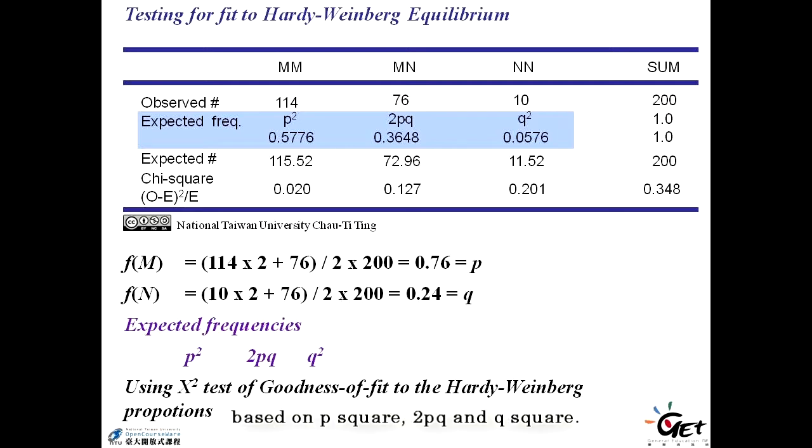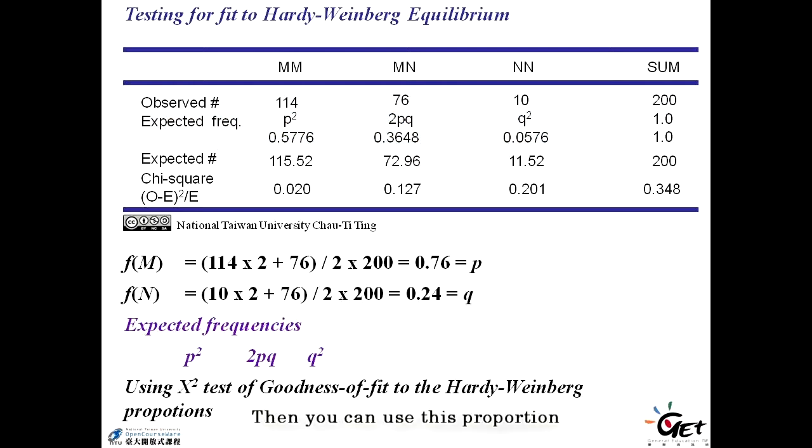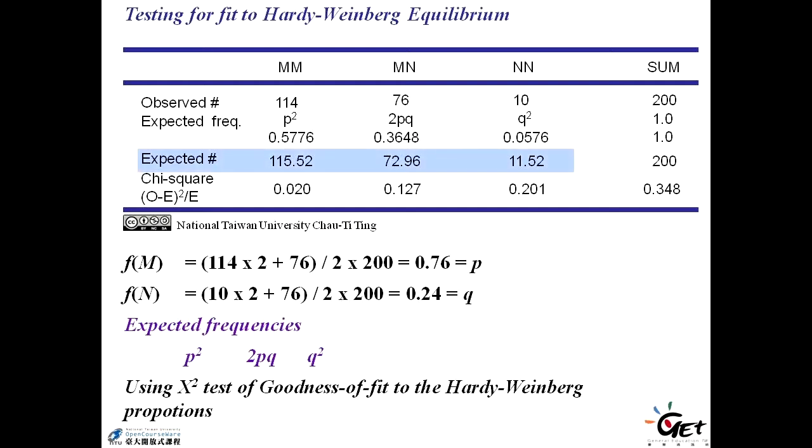Then you multiply this proportion by the total number of individuals in the survey, which is 200, to get the expected numbers. The numbers shown here are the expected numbers in the population if it's at Hardy-Weinberg equilibrium.